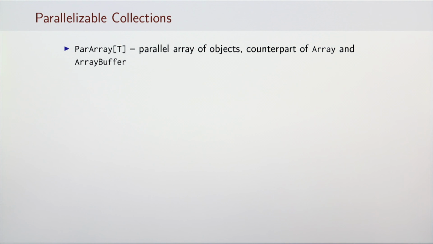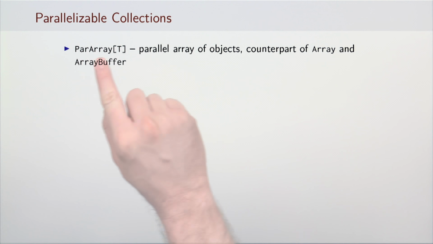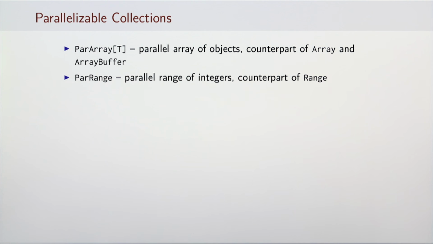Arrays and array buffers can easily be parallelized, and their corresponding parallel collection is called ParArray. Ranges can be converted to parallel ranges and are used in parallel for loops. As we saw, a parallel vector is the counterpart of the immutable vector collection.